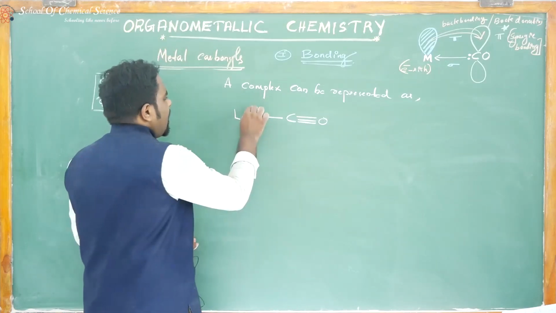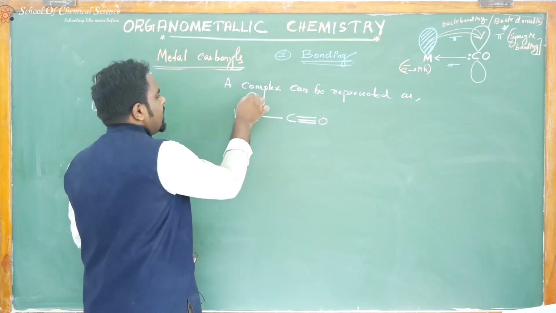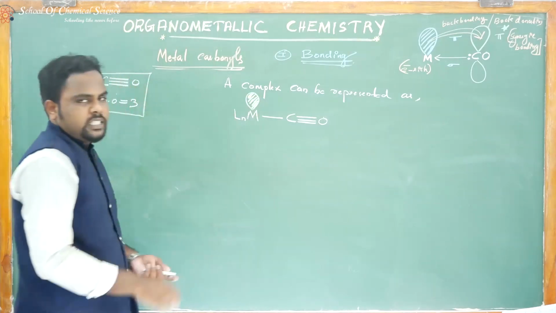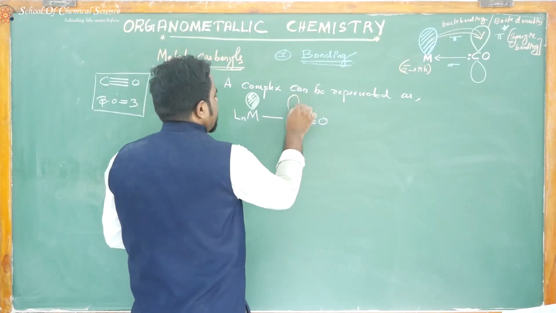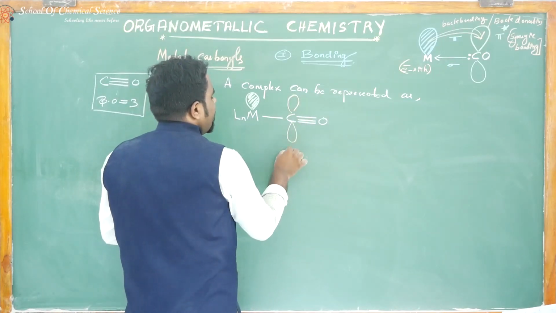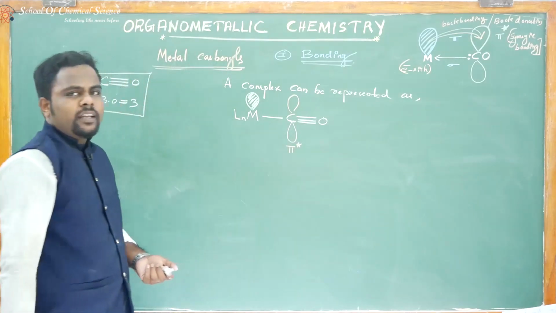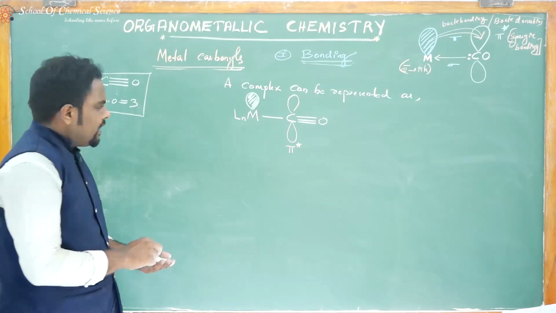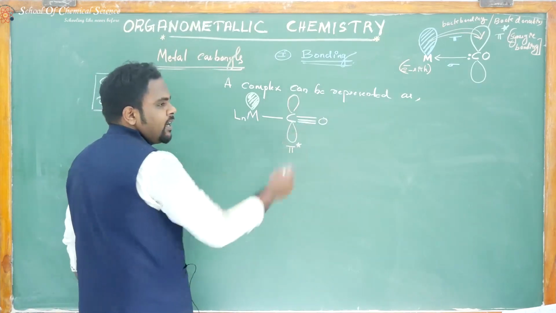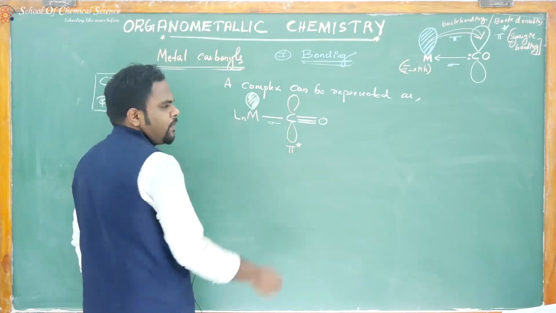Suppose your metal has very high electron density, or the metal is electron rich, and you know carbon monoxide contains a vacant orbital. Which vacant orbital? A vacant pi star orbital. So definitely that electron density will be back donated to the carbon. The first bond is called a sigma bond.